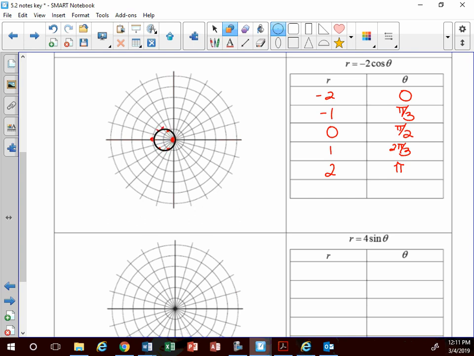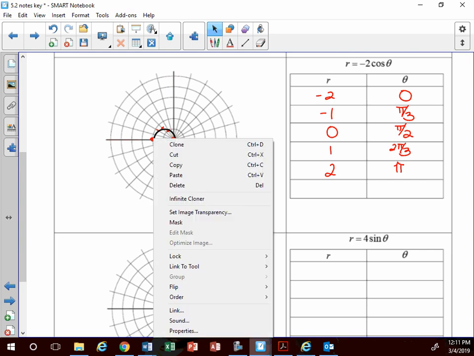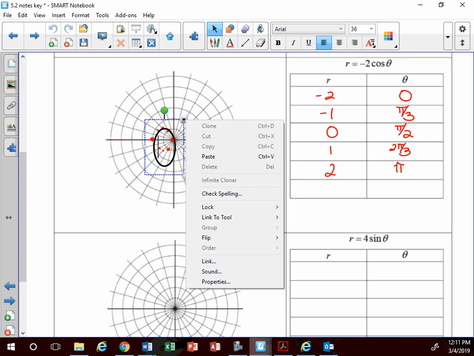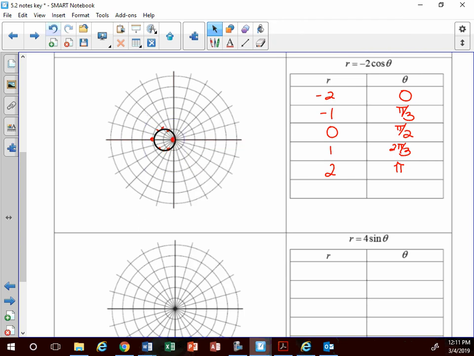But it is not centered at the pole. So, what would you say about this circle?